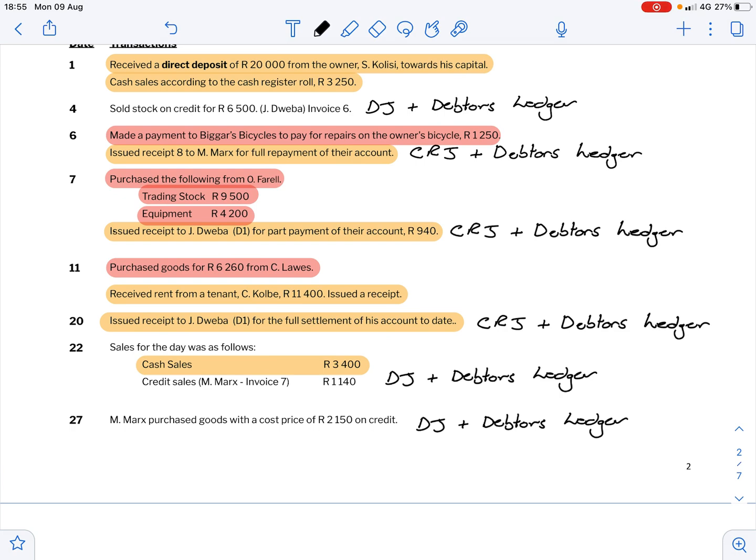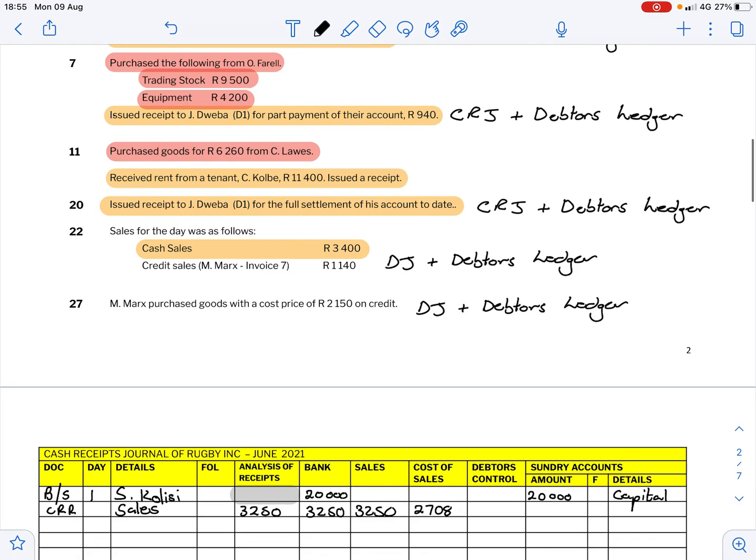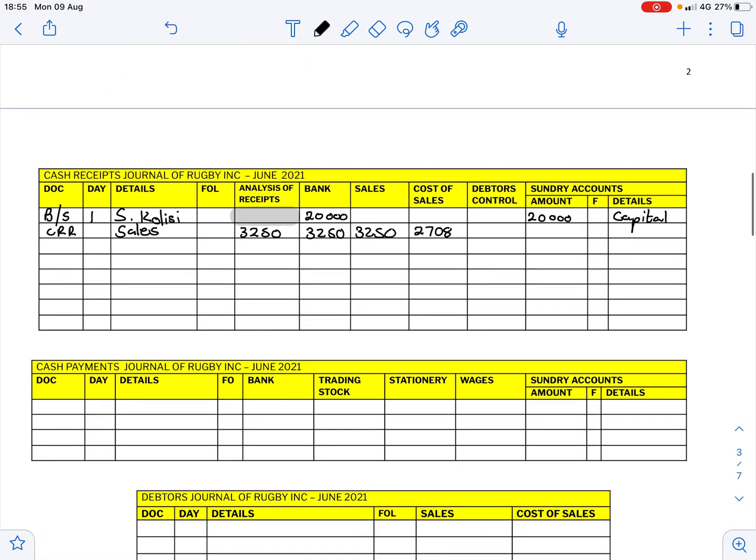Okay, we then go on the 6th, where we issue receipt number 8 to M. Marks for full repayment of their account. So on the 6th, we have receipt number 8. M. Marks is paying us. He is debtor number 2.